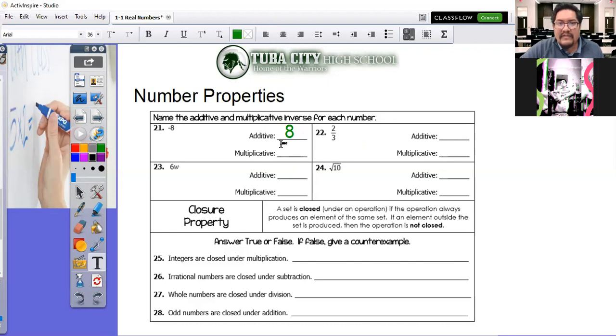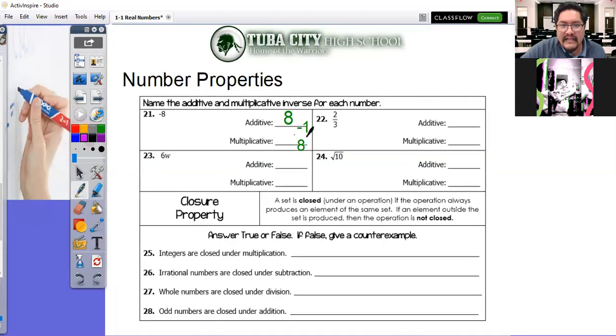And this one's going to be a bit of a tough one. I'm going to see if I can write it. We have to shrink the writing a little bit. Now when you are using the multiplicative number, it's supposed to be a fraction of negative 1 over 8. So it should look like that.